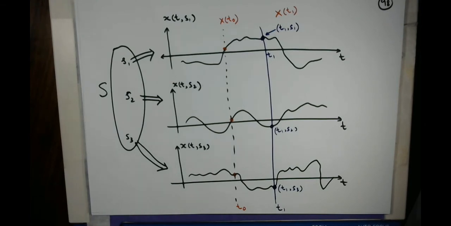So now one of the conclusions: when you fix time, or when you freeze time at an instant, you obtain a random variable from a stochastic process. This is important to understand. When you freeze time at a particular instant, you obtain a random variable out of the process.